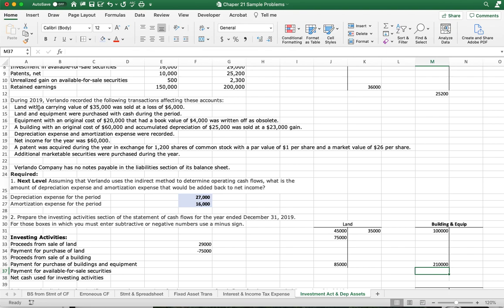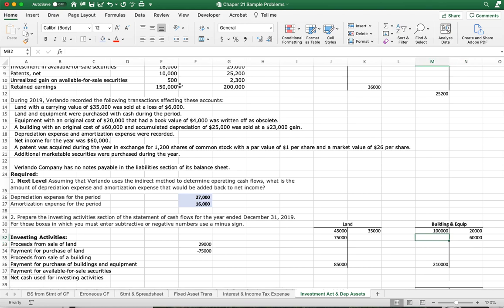Then we know that equipment with an original cost of 20,000 was written off, so we have to credit that 20. And a building with an original cost of 60. And that's it pertaining to the building.